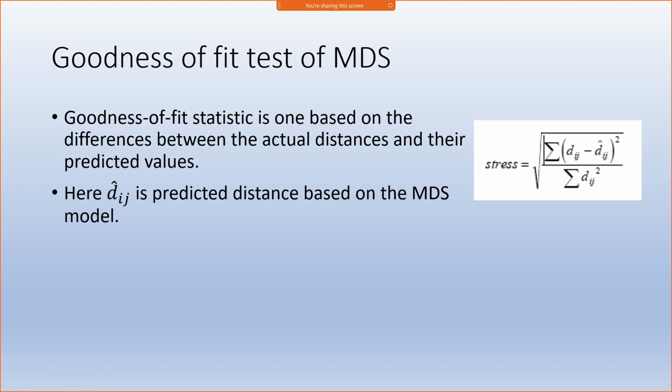If the distance between them is bigger, then you have more stress. It means that it's getting more and more difficult if the distance between the observed and the predicted are larger.